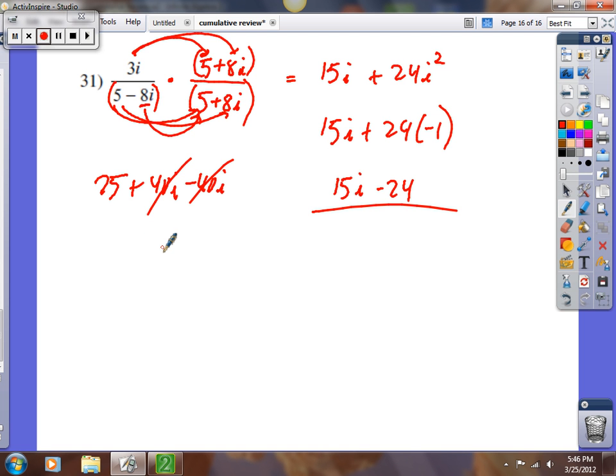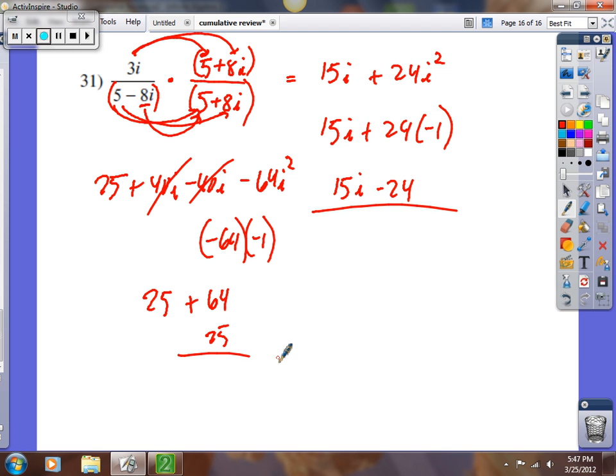And a negative 8i times 8i is a negative 64i squared, and that i squared again is going to give us a whole number, or an integer actually. i squared is the same thing as a negative 1, so you really got a negative 64 times a negative 1. So you have 25 and 64, and if you add them together, in your denominator you're just going to have 89.